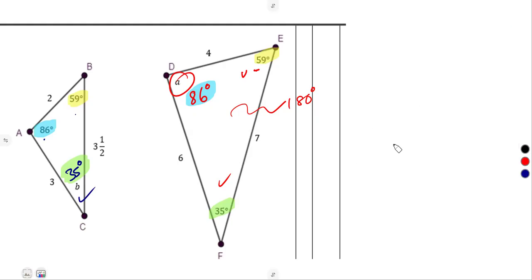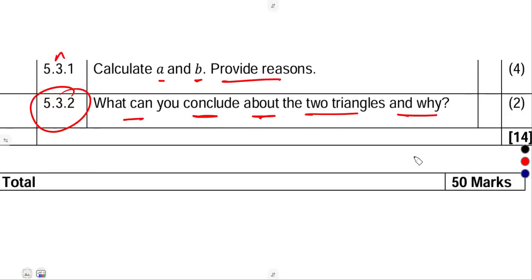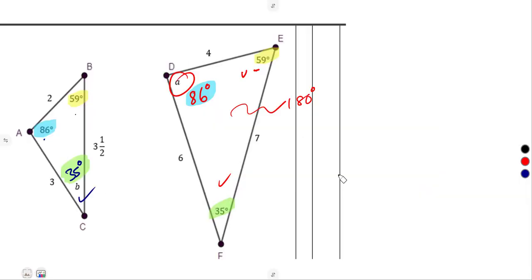So these two triangles are similar triangles. For 5.32, we can say the two triangles are similar.